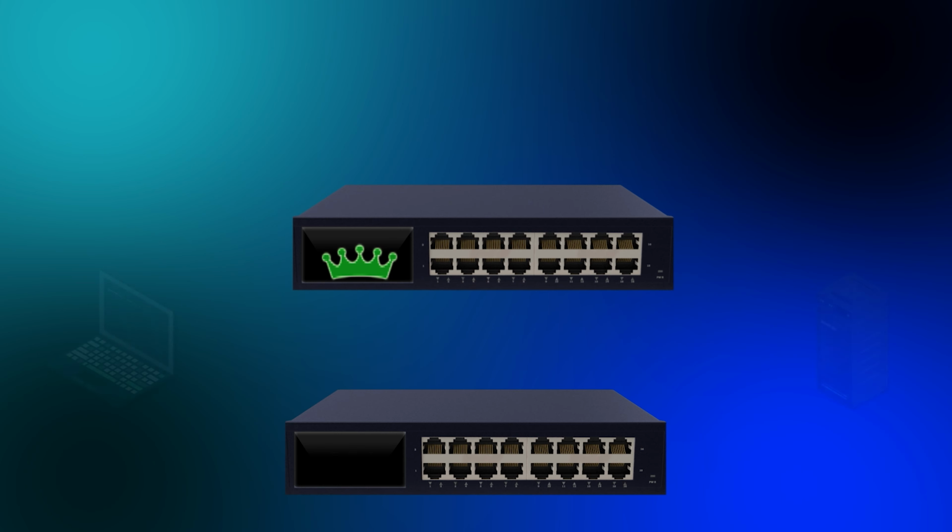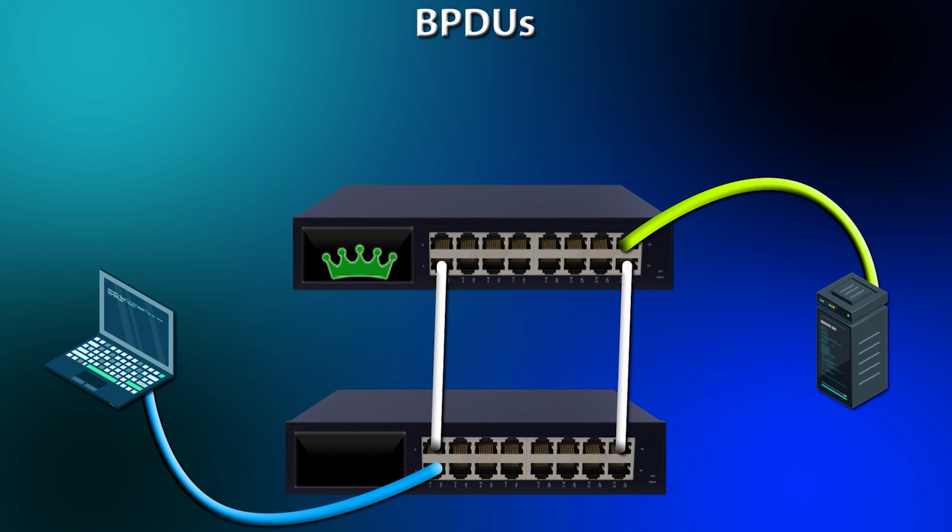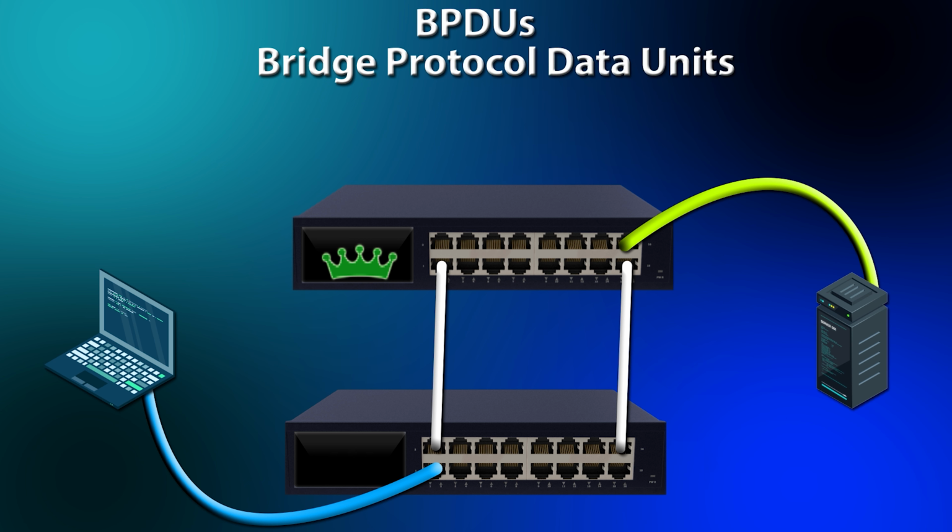The way switches communicate in spanning tree is through BPDUs, Bridge Protocol Data Units. The root bridge sends out configuration BPDUs every 2 seconds by default, according to the hello timer, through its designated ports. And because of that, when a new switch powers on and thinks that it's root, it also starts sending out BPDUs.